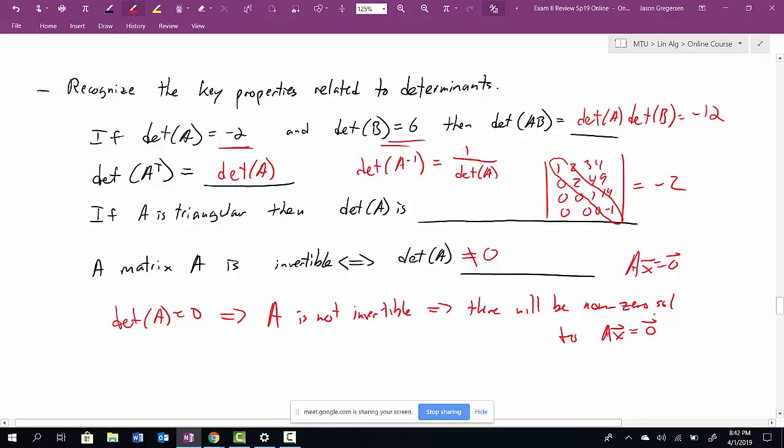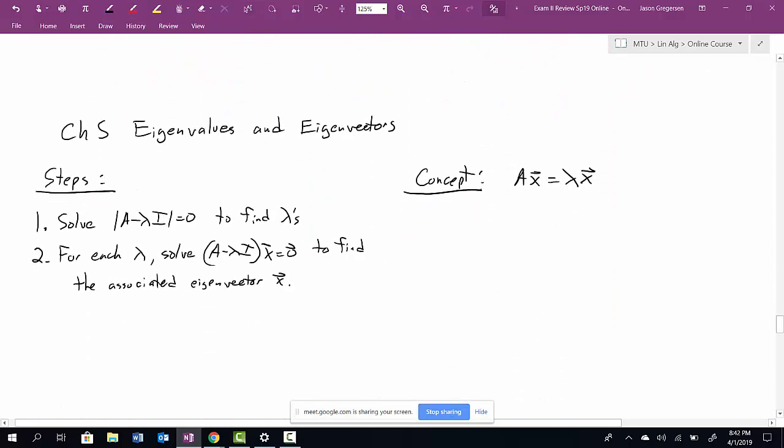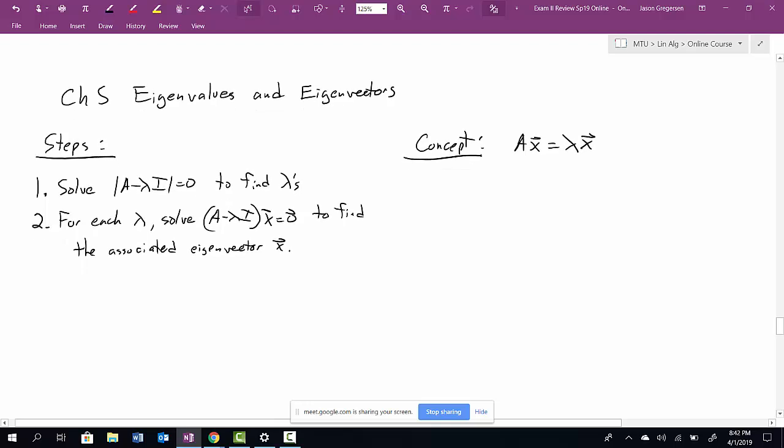Now, why is that important? Because we use that idea when we calculate eigenvalues and eigenvectors, which is the last big topic of this part of the course.